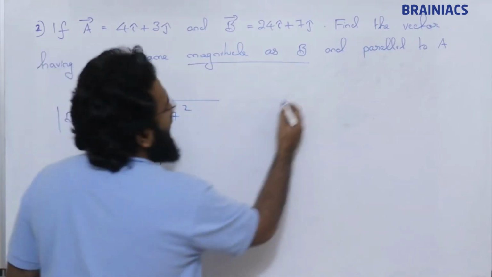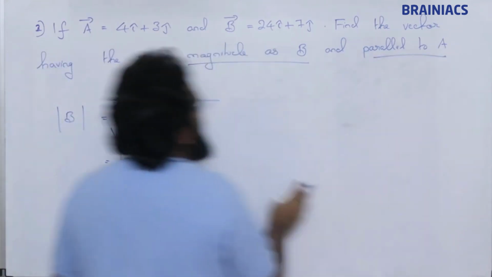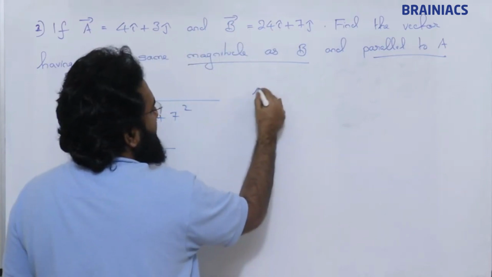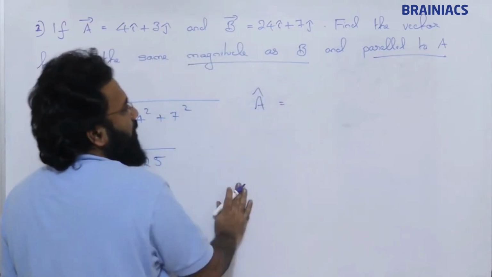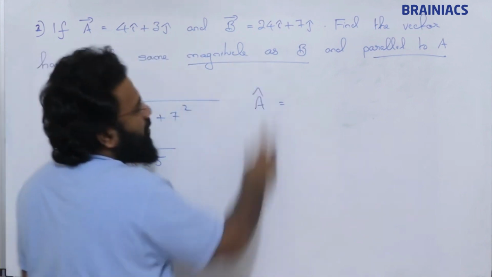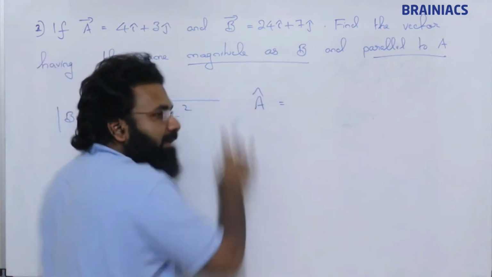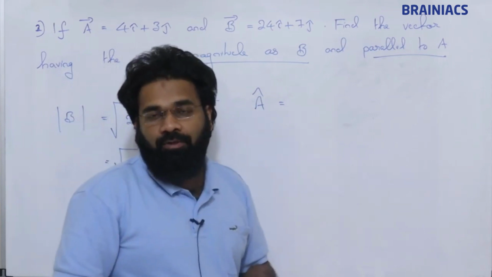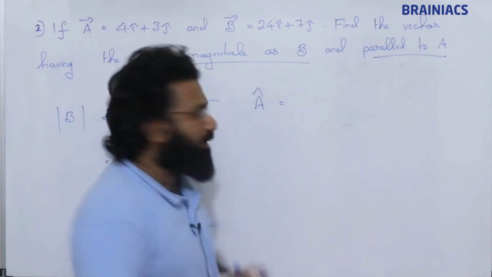Now we need the vector parallel to A. Parallel to A means the direction of this new vector must be the direction of A. So first we will find the direction of A. How to find the direction of A? Just by finding the unit vector.